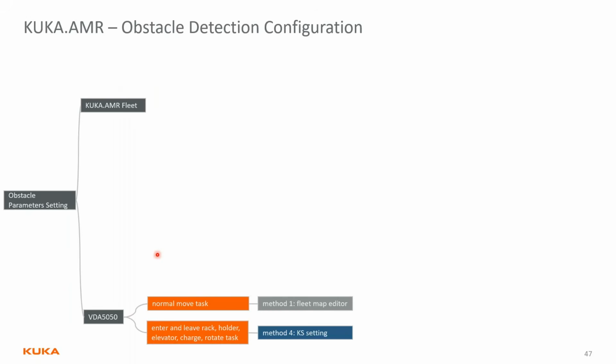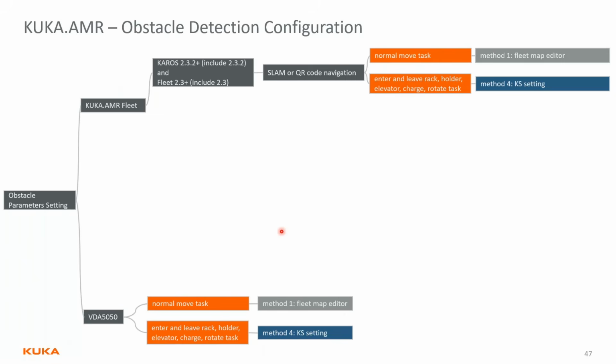If you're using VDA 5050 and you're doing a normal task, basically going from point A to point B, and both points are normal nodes, just positions, you want to use the fleet map editor to configure the obstacle detection. If you're doing a special task, going into a rack or leaving a rack holder, elevator, charger, or rotating task, you want to use KS settings for that.